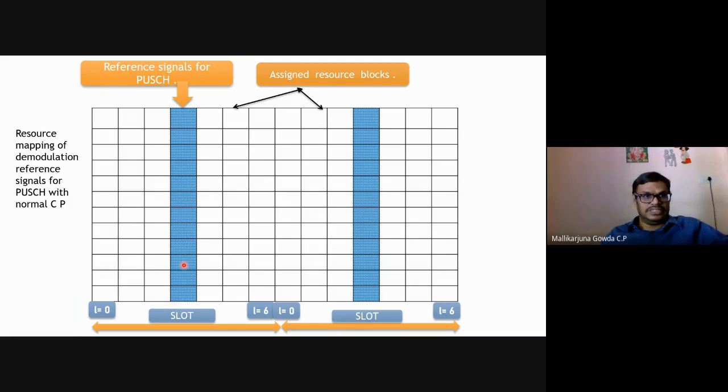So this is for normal cyclic prefix. For extended cyclic prefix, l equal to 2 means this will be there at this point, and similarly here 0, 1, 2 at this point. Is it clear? It is very simple to understand.